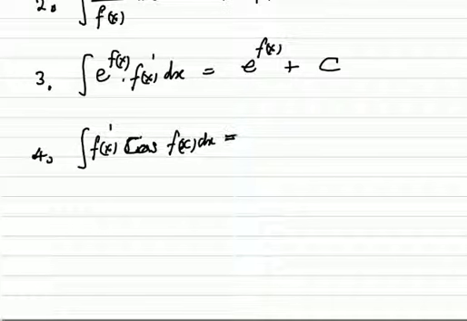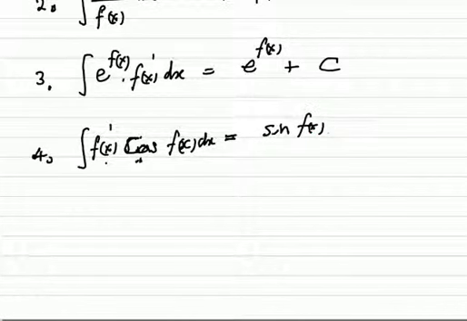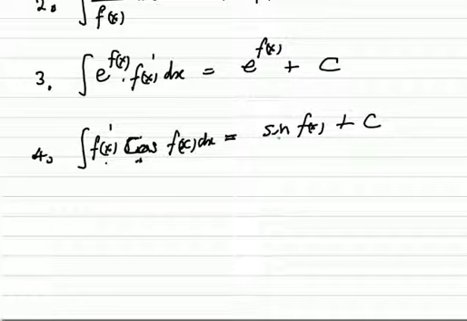You must know that here you will always call upon the immediate derivative of the function which is acting on f of x, and here is f prime of x. So that will be sine f of x plus c.